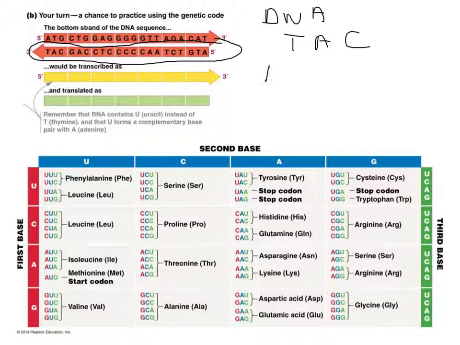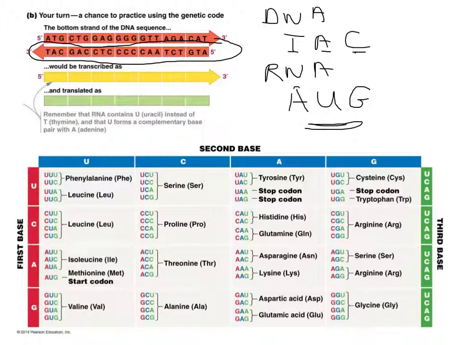The corresponding RNA, if we use the rules I talked about: where there's a T in the DNA, there's going to be an A in the RNA. Where there's an A in the DNA, there's going to be a U in the RNA. Where there's a C in the DNA, there's going to be a G in the RNA. Now let's translate that RNA codon. If we look for that RNA codon, what we'll see is it corresponds to methionine.